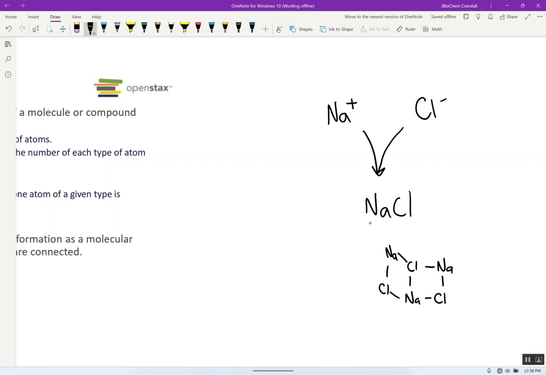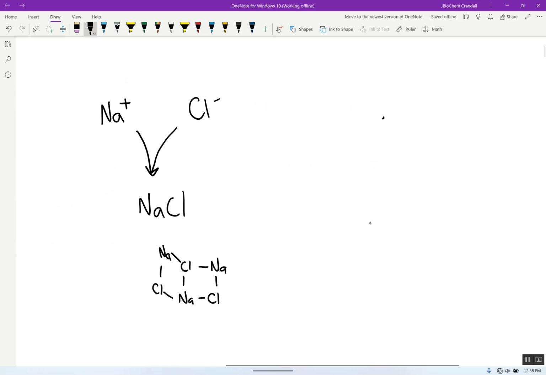That would be different than something like magnesium and chlorine. Because now, for magnesium and chlorine, you have a 2 positive magnesium and a Cl negative. Well, how many chlorines do I need in order to take the 2 negative charge, two electrons, which is what magnesium gave up? 2. I need 2 chlorines to do that.